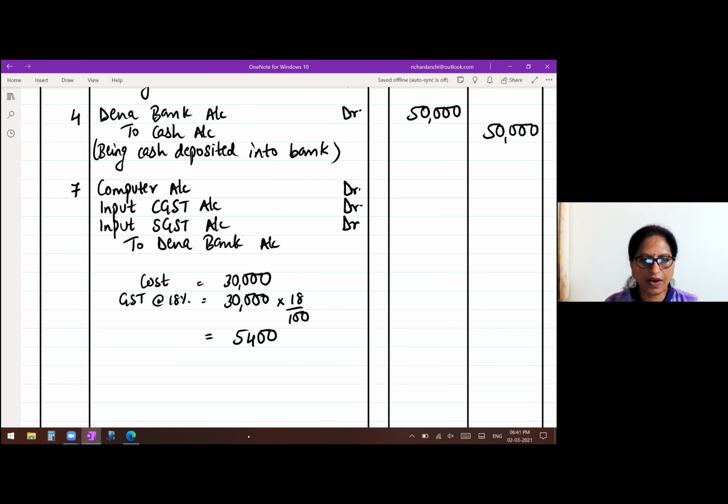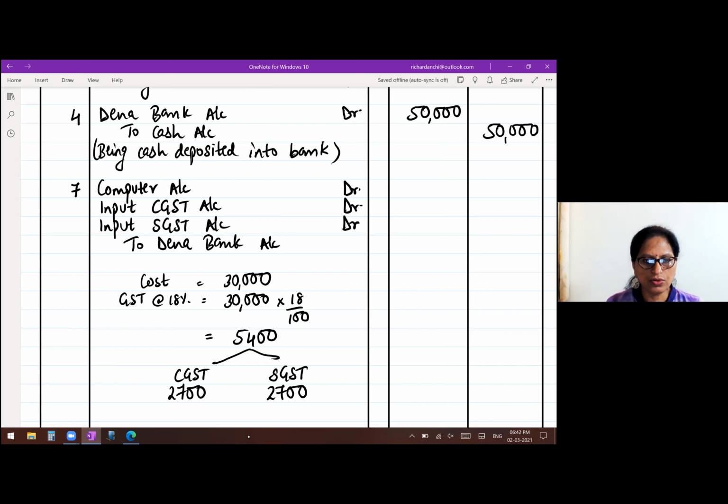Now this 5,400 has to be split into CGST and SGST. It's always half, so it is 9% and 9%. So half of 5,400 is 2,700 each. When we are writing in the entry, it is the net value of the computer.